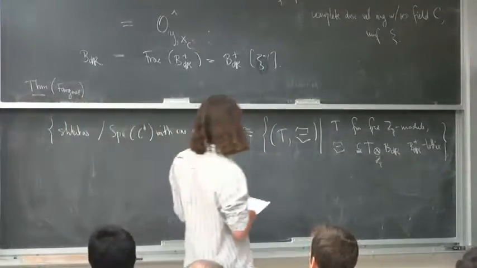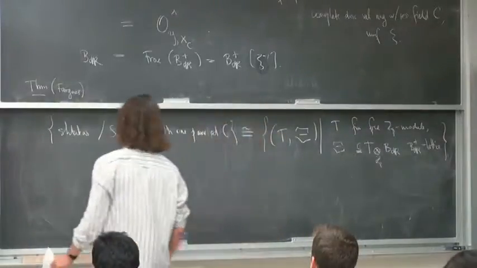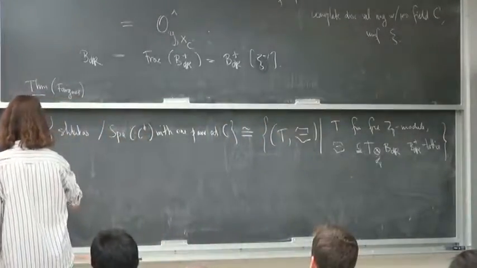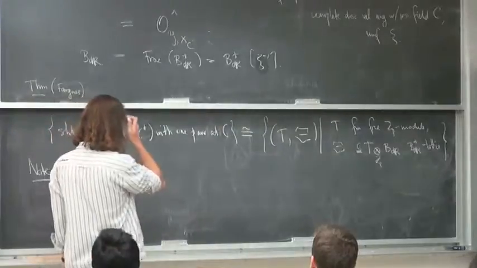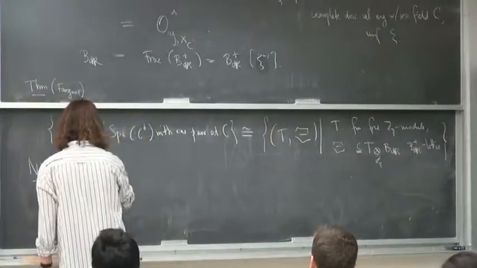So what does this have to do with our pairs T, W? So, note, where's the functor?